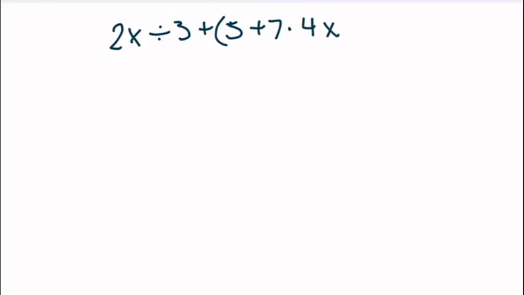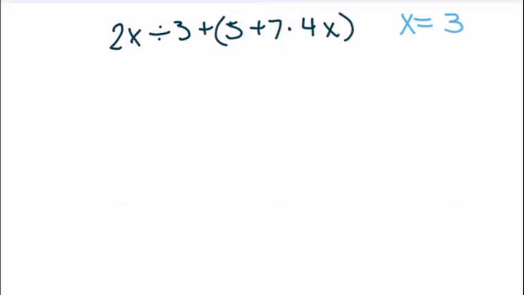Now we're going to apply our knowledge of variables and expressions and equations today to the concept of PEMDAS. So if we had an expression that said 2x divided by 3 plus 5 plus 7 times 4x, and then it said evaluate when x is equal to 3, we have to plug in 3 for every x that we see in this expression.